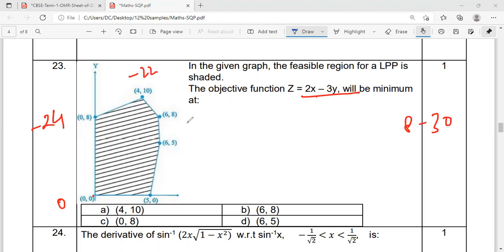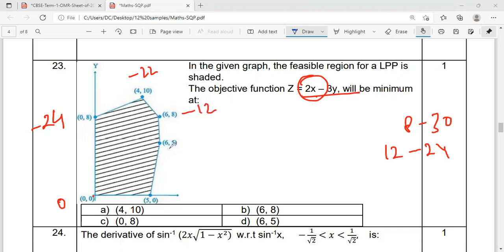At 6, 8 it is 12 minus 24, which is minus 12.